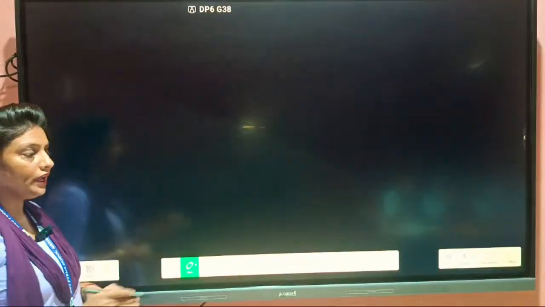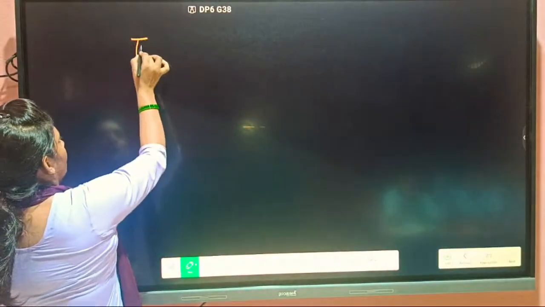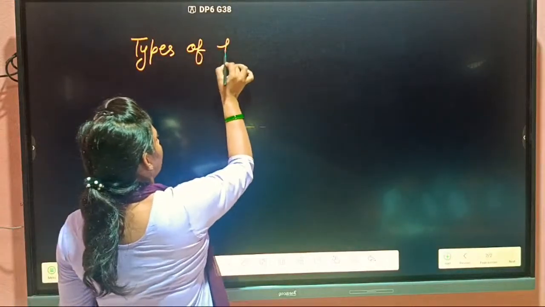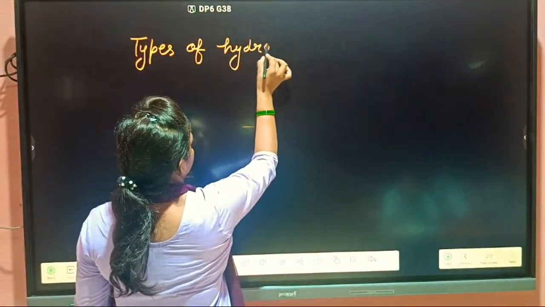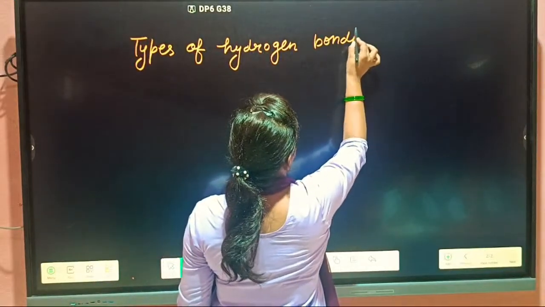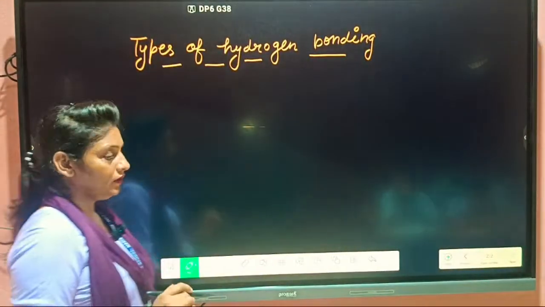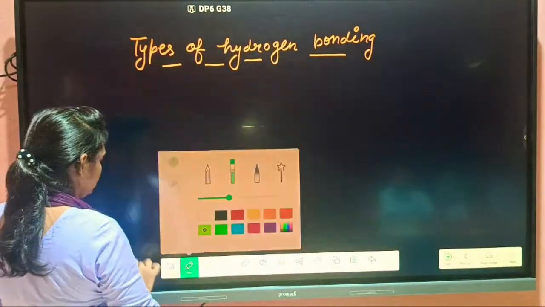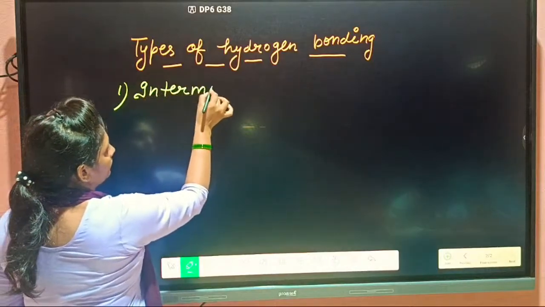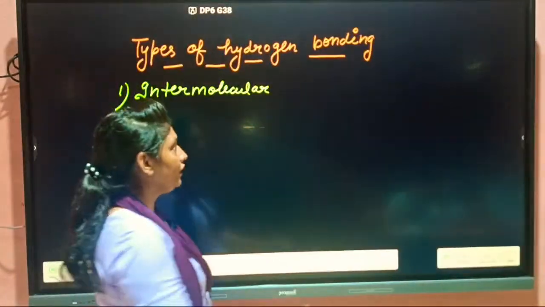There are two types of hydrogen bonding. First one is intermolecular hydrogen bonding.